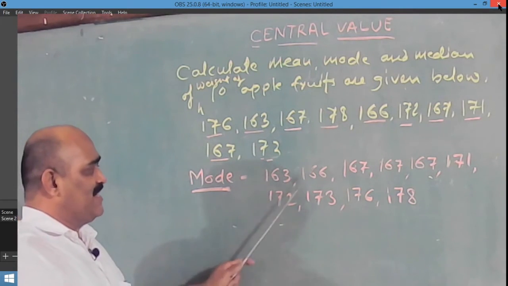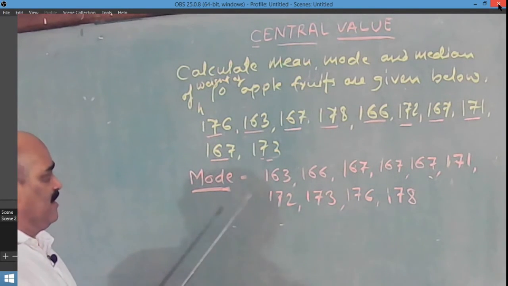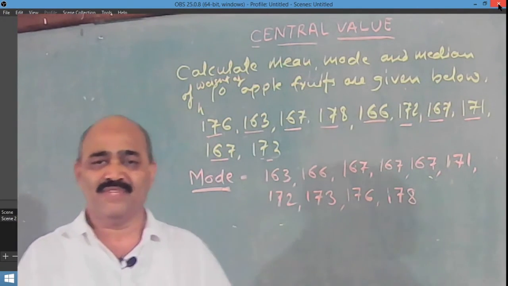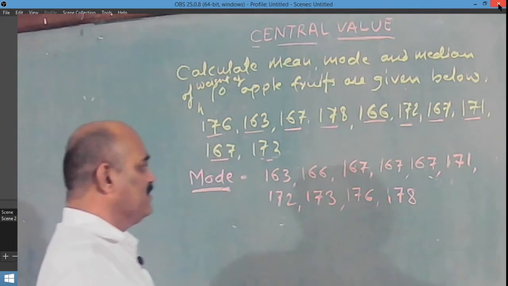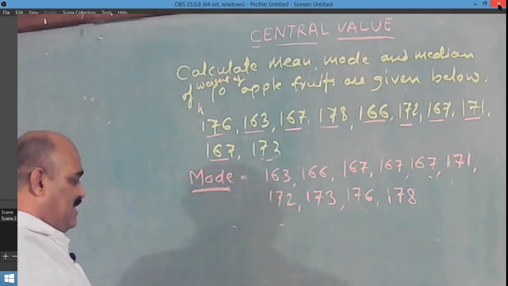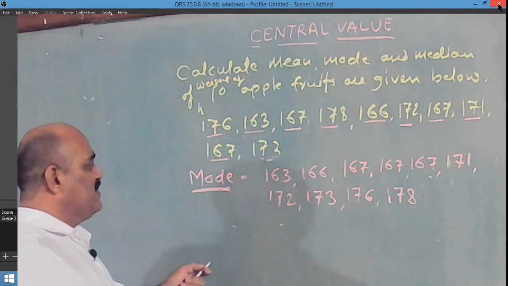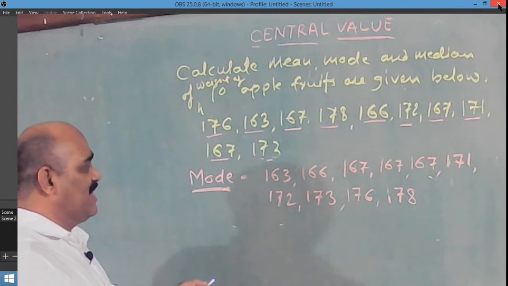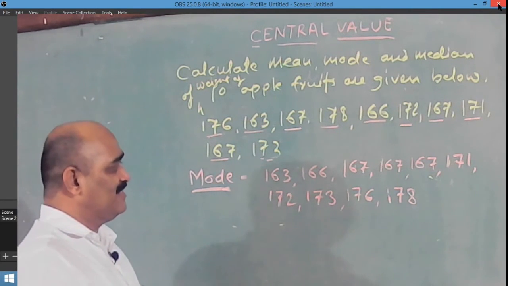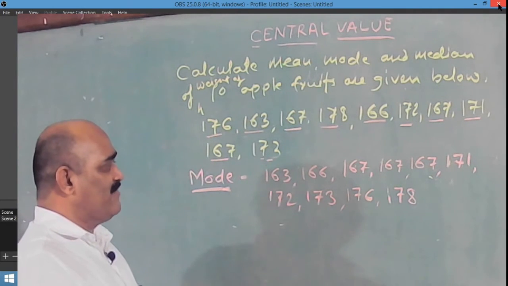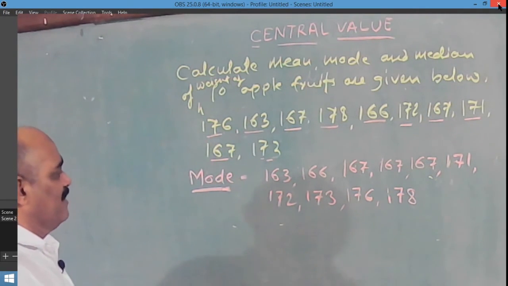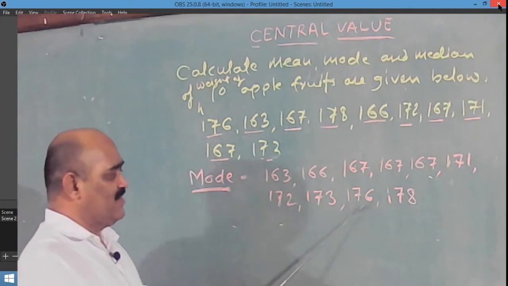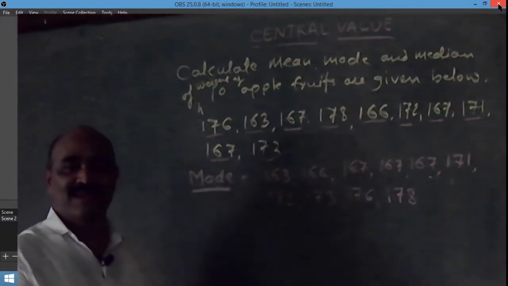After arrangement in ascending or descending order, the mode means the same observation frequently coming in our data. In our data, 163 occurs a single time, 166 a single time, 167 three times, 171 a single time, and 172, 173, 176 and 178 are also single.